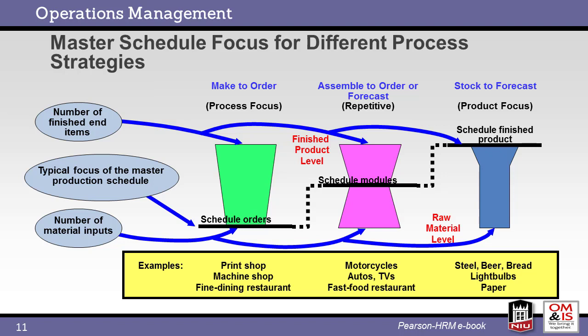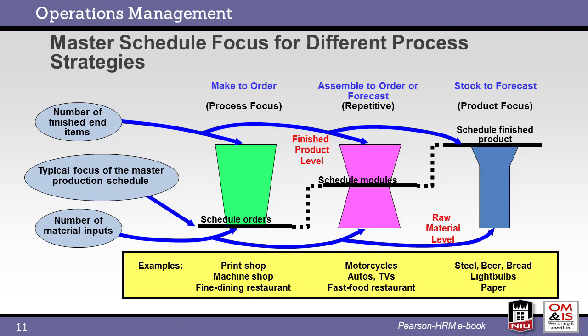Assemble to order operations have subassemblies manufactured to forecast with final assembly once the customer order is received. This is the case for automobile and motorcycle assembly. Finally, stock to forecast builds to plan and stocks finished goods available for customer purchase. Think of most of the items available at your local grocery store.